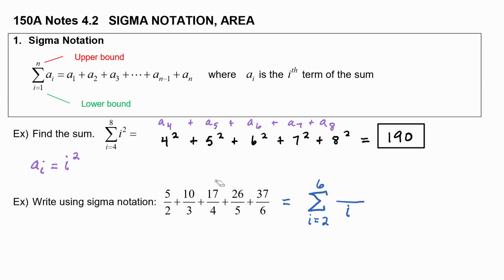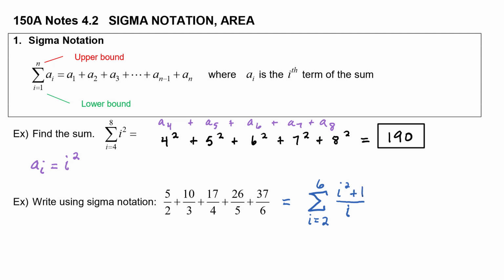And you may see that pattern already. The numerator is taking the denominator, squaring it, and adding 1. 3 squared is 9, add 1, you get 10. 4 squared is 16, add 1, you get 17. So the numerator is just i squared plus 1.